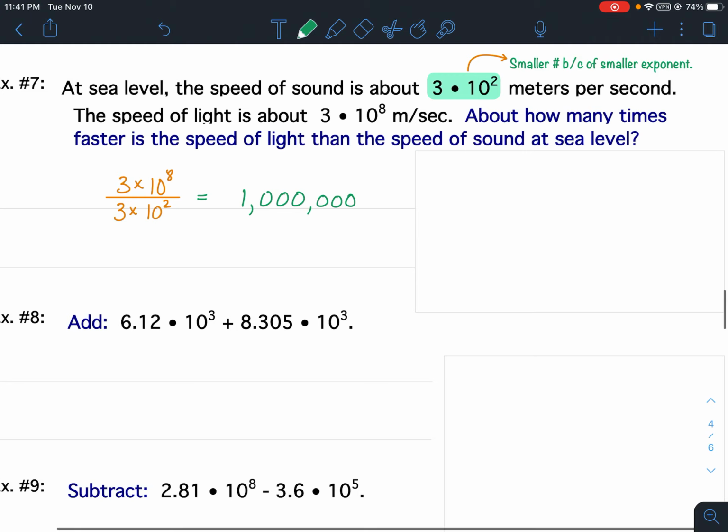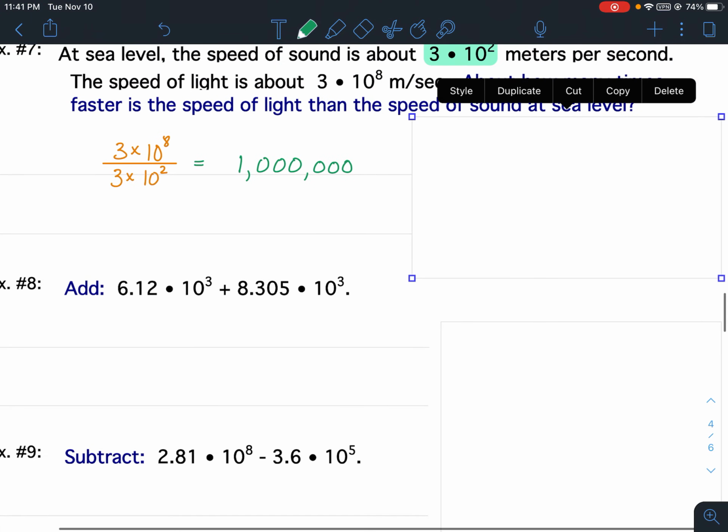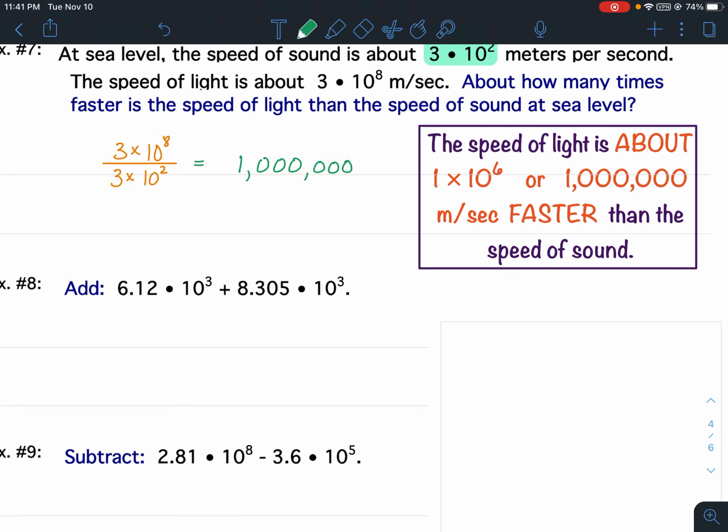Anyway, for our final answer, the speed of light is about, and I went ahead and changed it to scientific notation, 1 times 10 to the 6th, or 1 million times faster than the speed of sound.